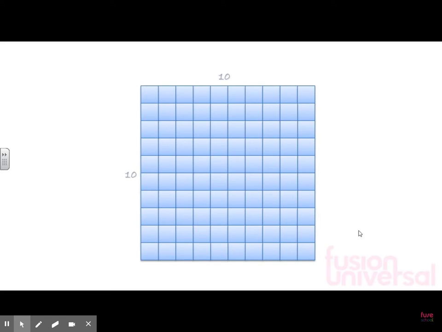And 10 times 10 equals 100. So we have now obtained all of the square numbers up to 100.